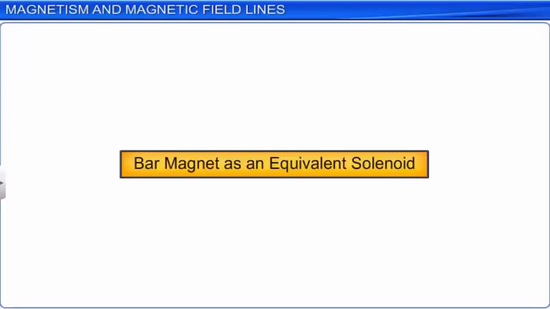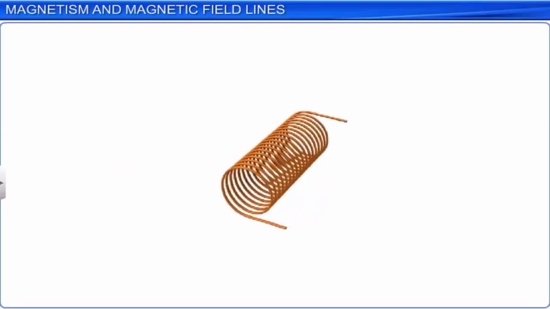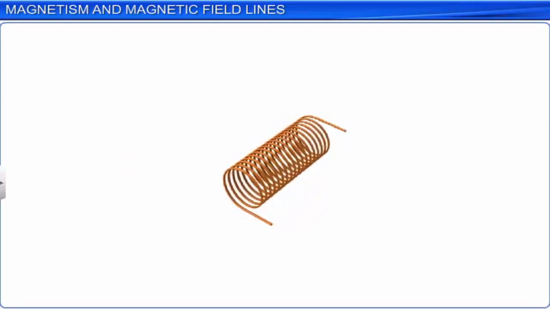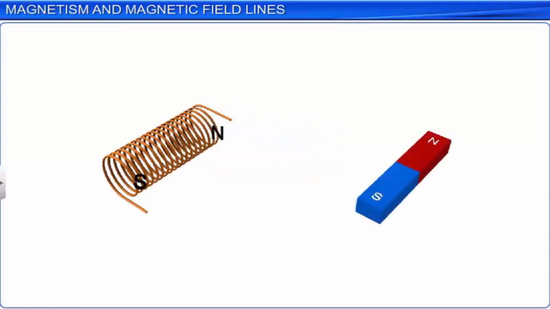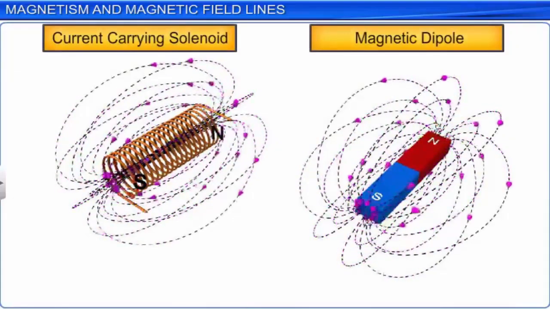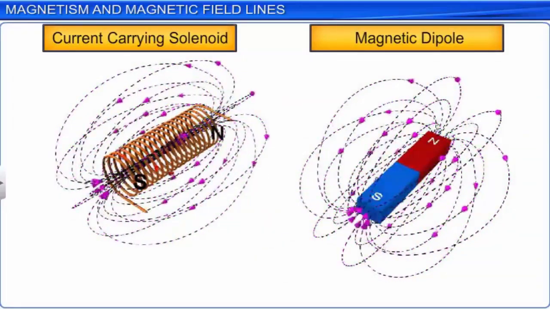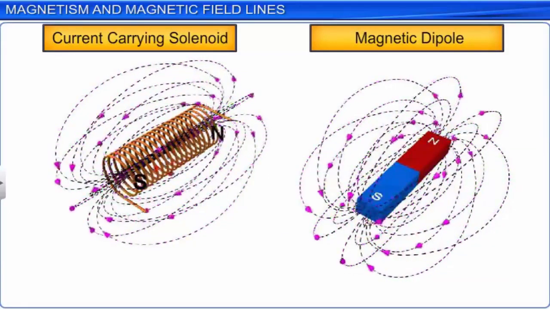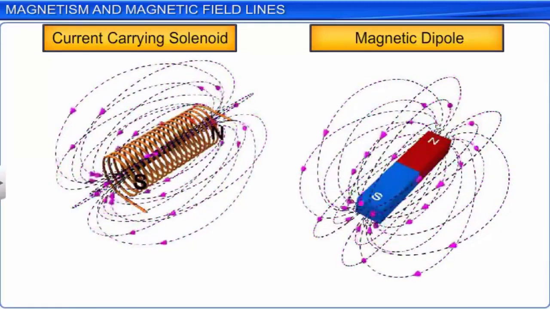Let us now learn the similarities between a bar magnet and a solenoid by comparing the magnetic induction of both. Finite number of continuous turns of a conducting wire wound in a helical shape represents a solenoid. We learnt earlier that the magnetic field lines of a bar magnet are similar to the field lines of a solenoid. Hence, a bar magnet can be assumed to be the same as a large number of current-carrying loops placed adjacent to each other.